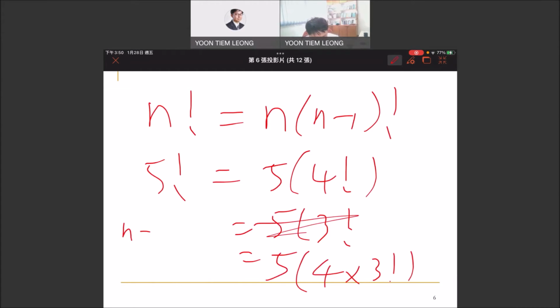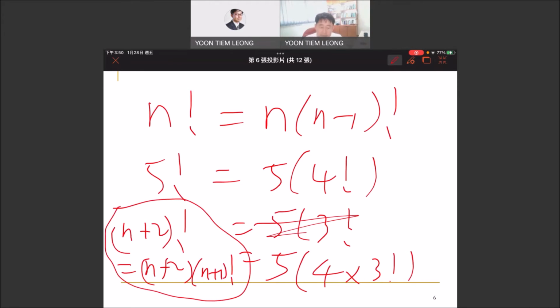So say for example, n plus 2 factorial is equal to n plus 2 times what? Times n plus 1 factorial.